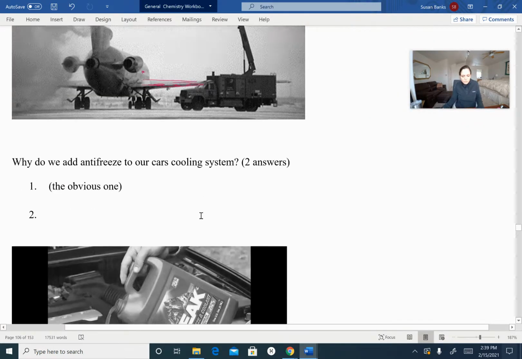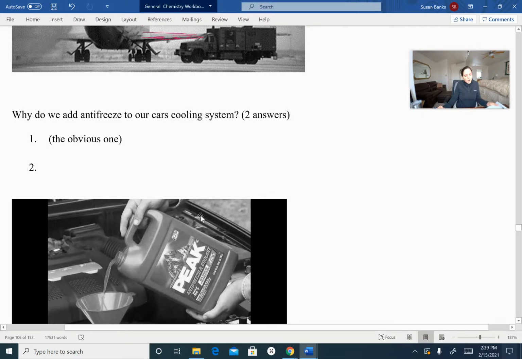Okay? For those of you who are into cars, why do we put antifreeze in our cars in the cooling system? There's two reasons. It's called antifreeze, right? Which means that we are going to not freeze, right? Anti, against freezing. So it keeps the water that we use in the cooling system from freezing, okay?